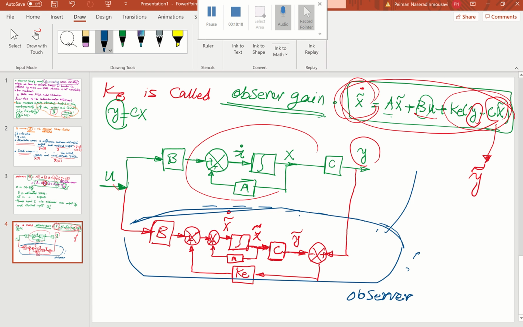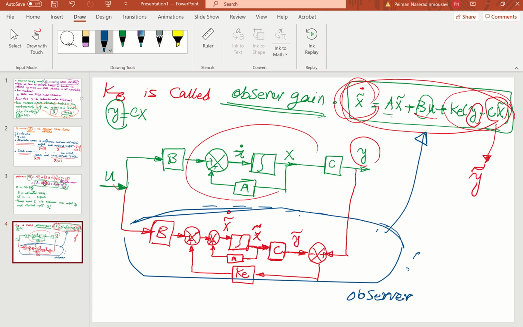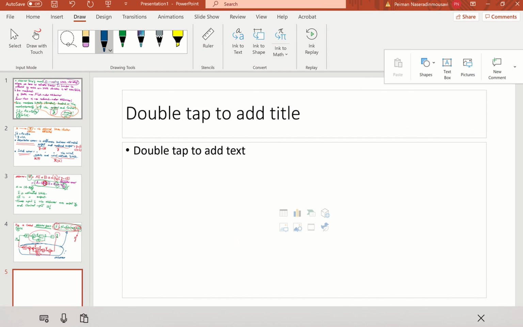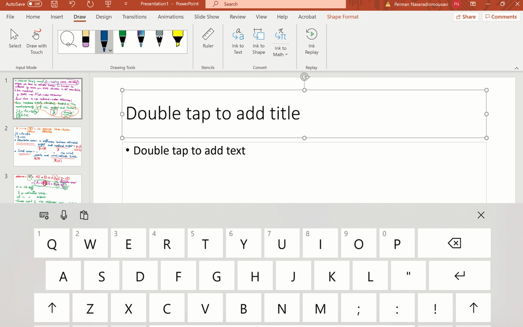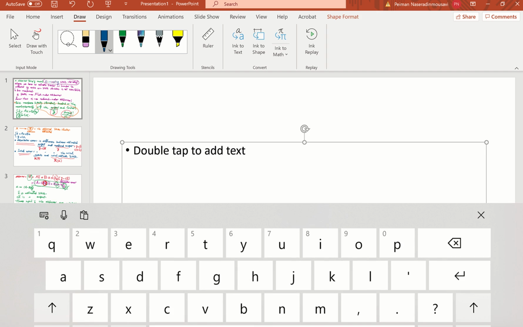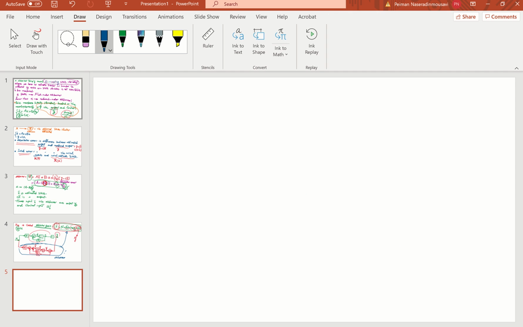So this part is this equation. Here we go. Now let us go slowly toward designing the observer, and after developing this mathematical formulation, I'm going to transfer it to MATLAB along with designing the controller. You see that a control problem has two parts. One of them is designing the control input U, and the other is designing an observer to estimate unmeasured state variables. These are two separate components that can be integrated into one problem I'm going to teach you.